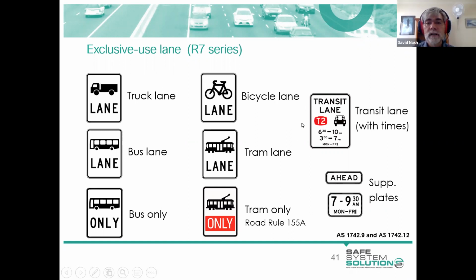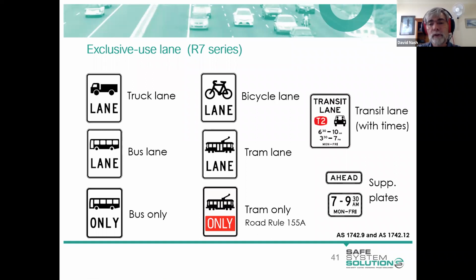Transit lane signs, the T2 symbol and T3 symbol indicate how many people are permitted in the vehicle if it's a transit lane, but that isn't very well understood. So the actual symbol of the car with the number of people in it is put next to it, although fairly small as a symbol.